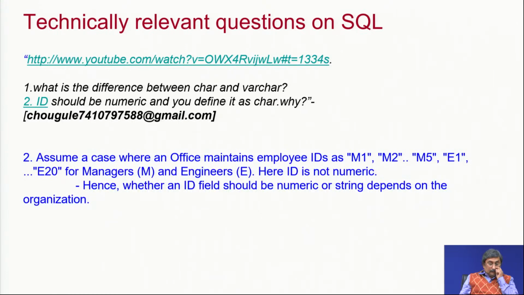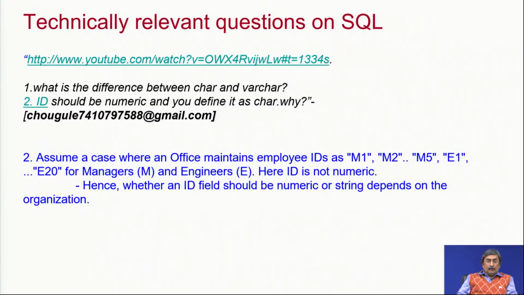Now, the difference between char and varchar I will tell, but first, ID. ID could be numeric, no doubt about it, but at many points of time ID contains letters as well.